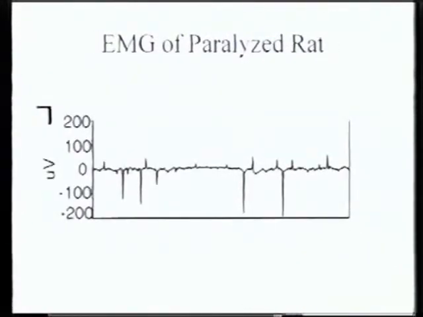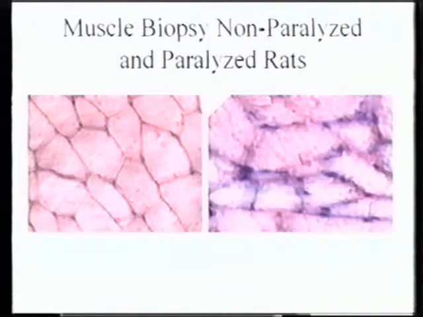And then the muscle itself is very characteristic of muscle which has lost a motor axon to it. Even the muscle itself, when we take a biopsy of the muscle, shows characteristic features for the clinicians of neurogenic atrophy with angulated fibers, and you see the muscle fibers themselves here viewed in cross-section.